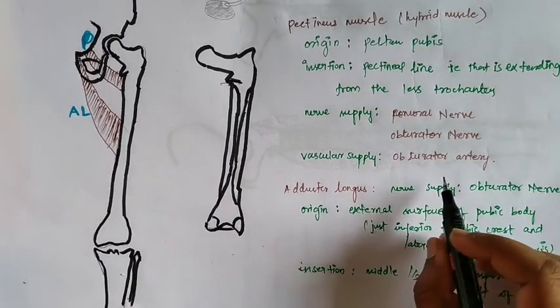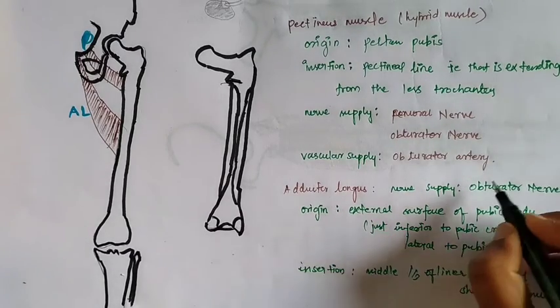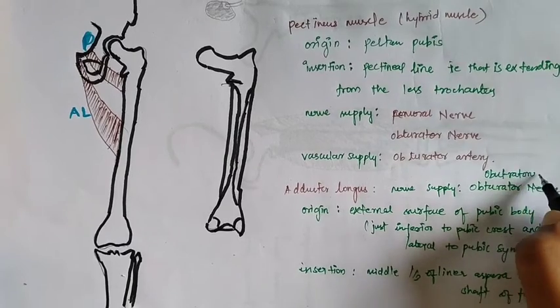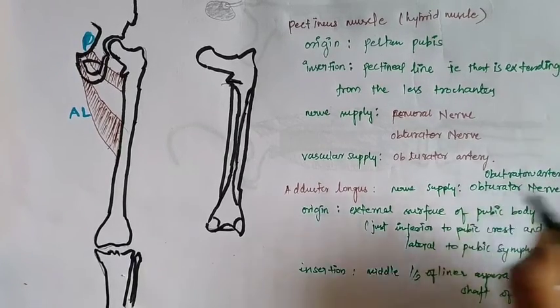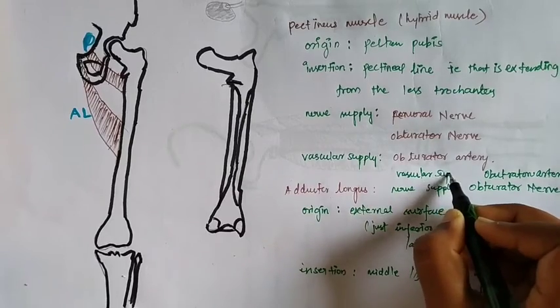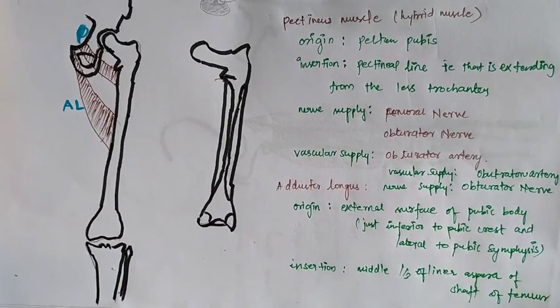And then vascular supply, obturator artery. That's all about these muscles.